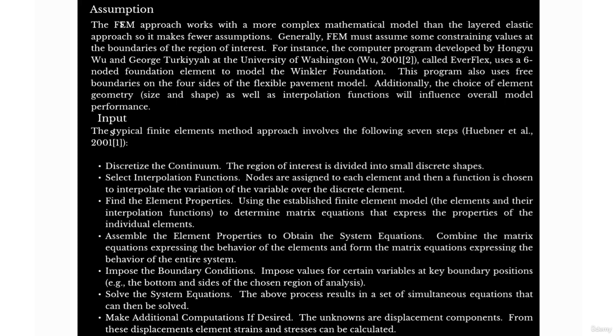Find the element properties. You assemble the element properties to obtain the system equation. Then you combine the matrix equations expressing the behavior of the elements into the equations expressing the behavior of the entire system. Then you impose boundary conditions. Then you solve the system equation. Then you can make additional computations if you desire. So that's how we go through it.